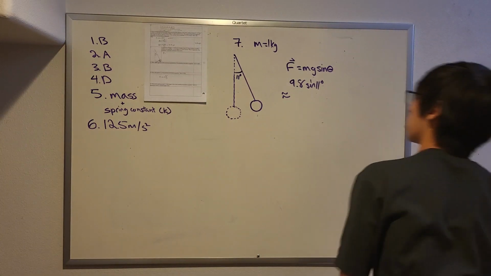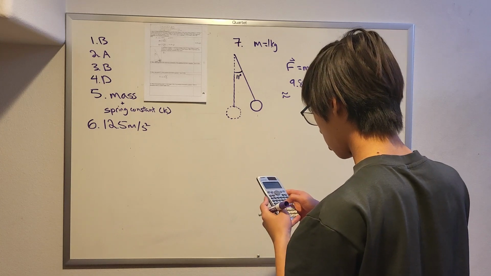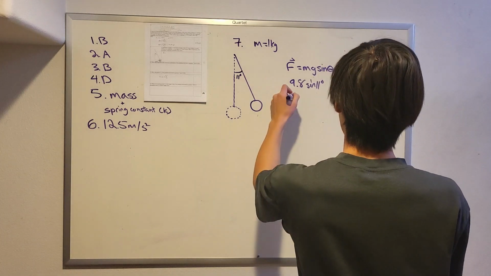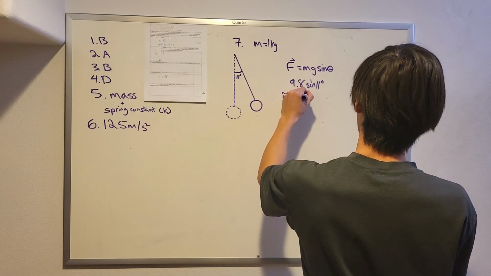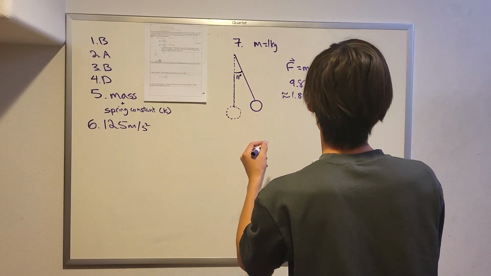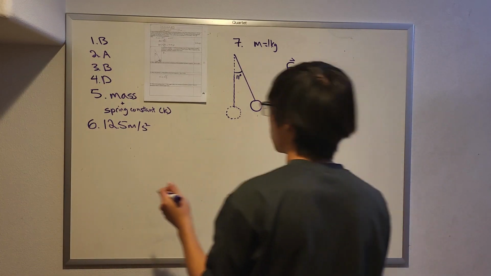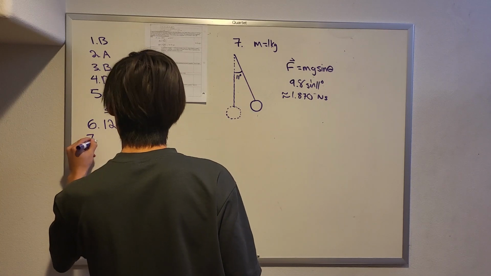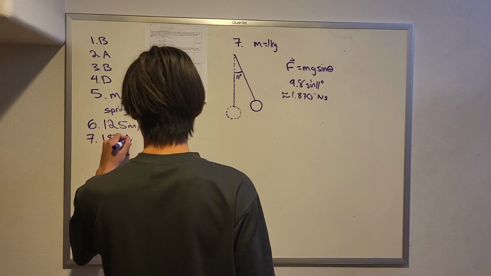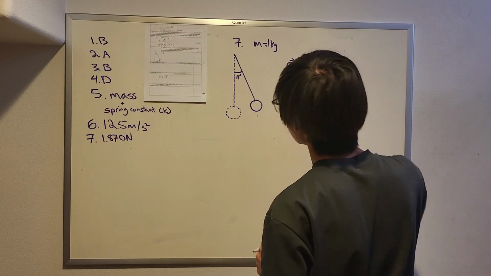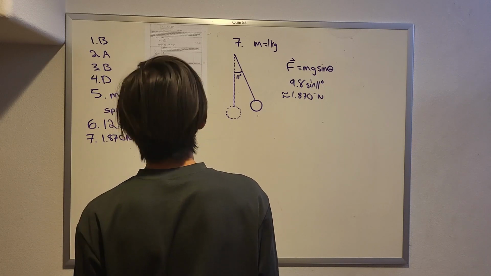And if I just use the calculator here, we have 9.8 times sine 11. This gives me 1.870 newtons, if you round to the right number of sig figs. So that's going to be number 7. And it's not in seconds, apologies, it's just newtons. So that's the maximum restorative force.